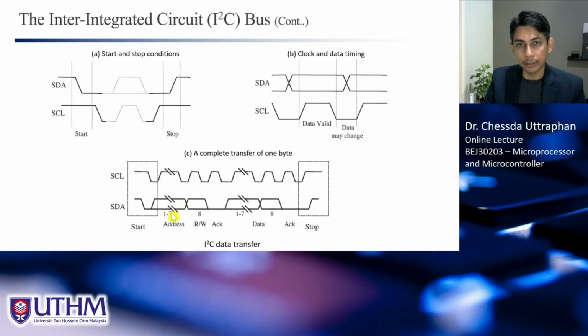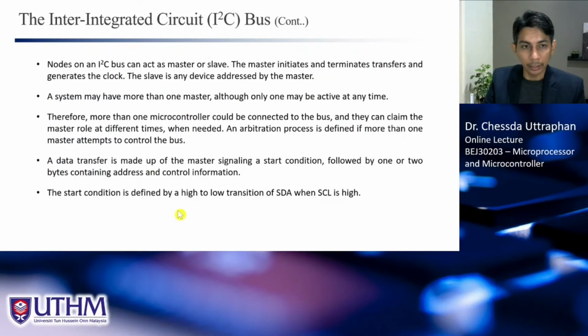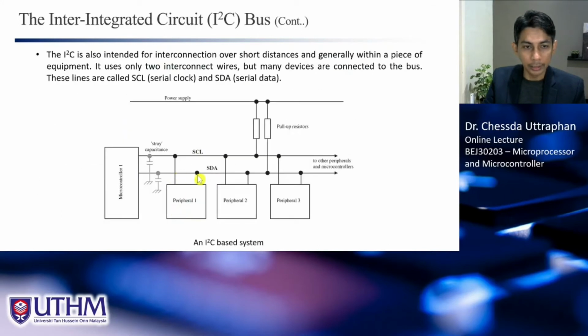You can have a 7-bit address and a 10-bit address, but the popular one is the 7-bit. The 10-bit is more complicated. So here we cover the 7-bit address. So the microcontroller will put the address on this line, right?